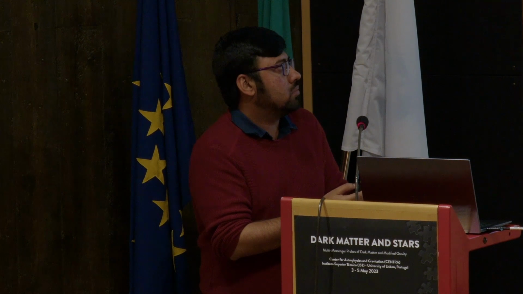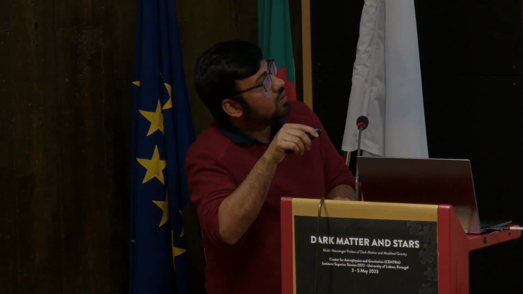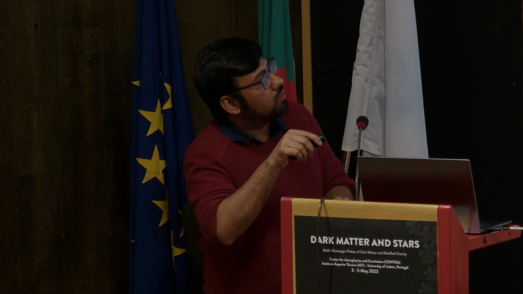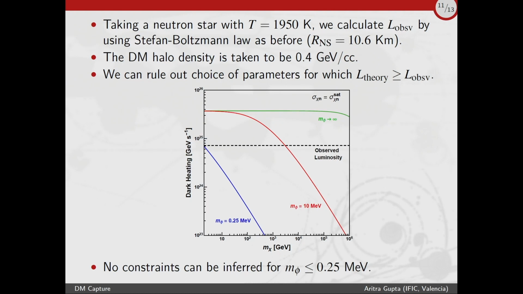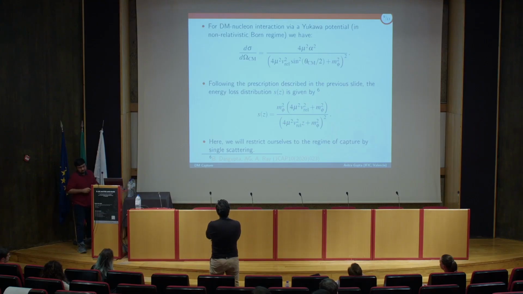And it can be substantial, right? Because this is the usual thing that people do, the M phi tending to infinity limit, and if you change it, you can vary the heating, which means you can vary the capture rate by a lot. But it's slightly model dependent because we have to have some structure of the differential cross section.